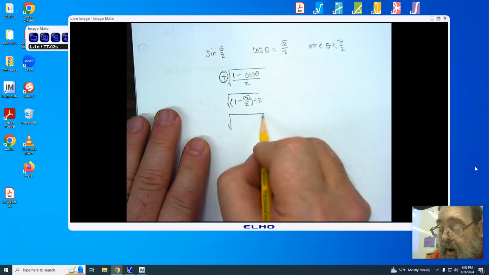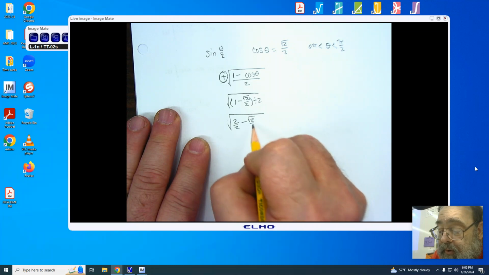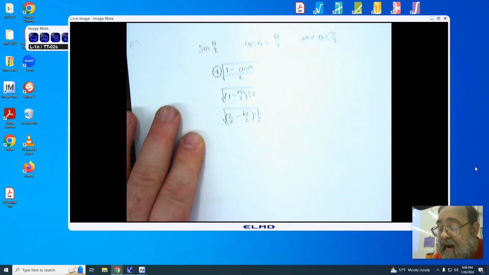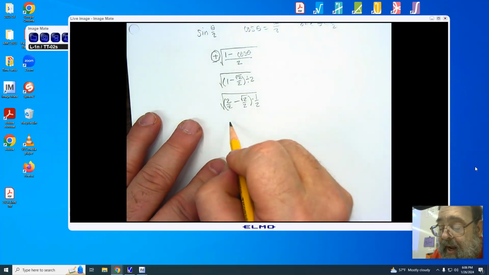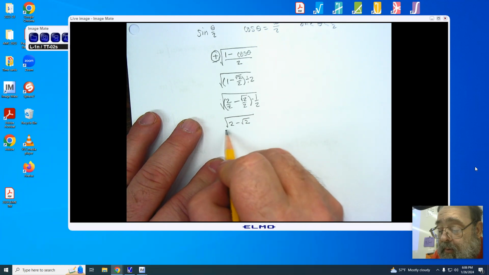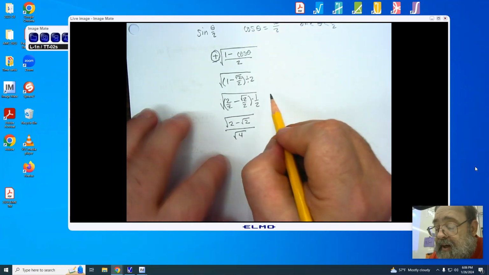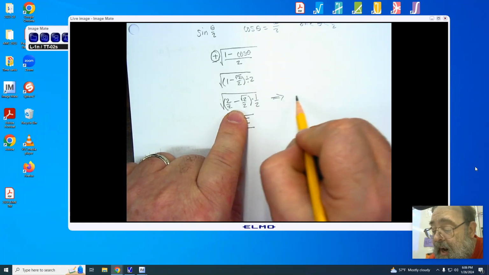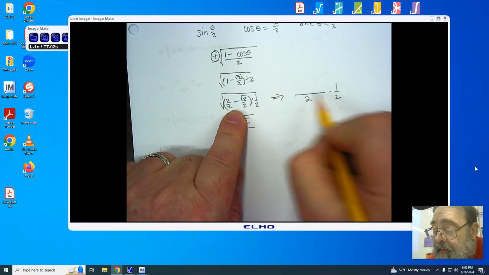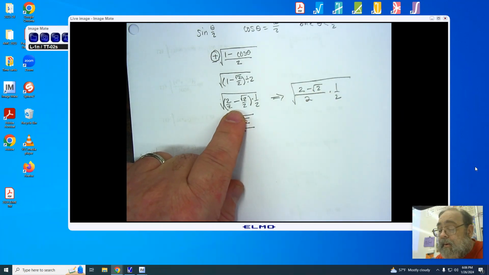This will give me the common denominator of 2 over 2 minus root 2 over 2, and I am going to multiply by the reciprocal 1/2. You'll notice I end up with 2 minus root 2 inside of the square root divided by the square root of 4. That's because when I get my common denominator, I end up with 2 times 1/2 and 2 minus root 2 inside of the radical.